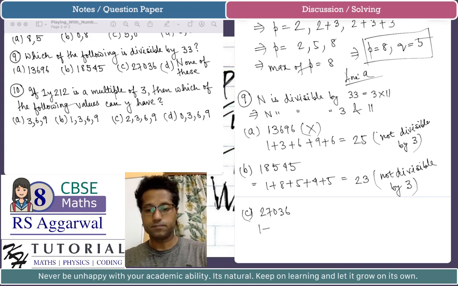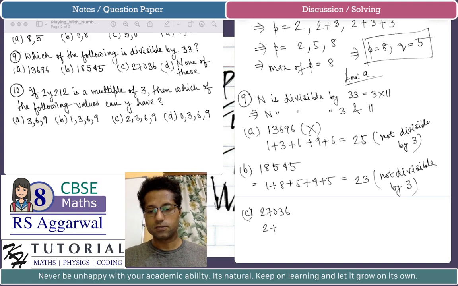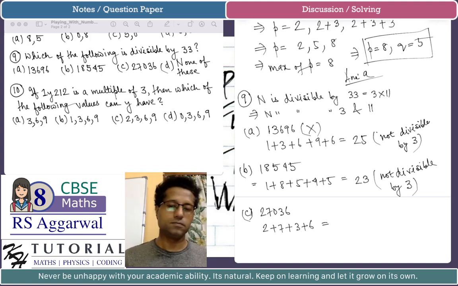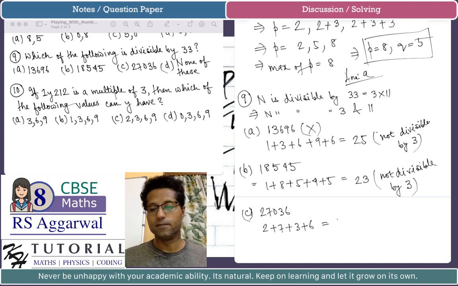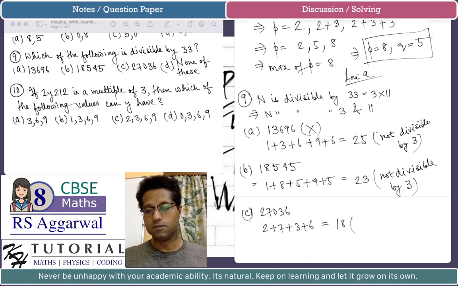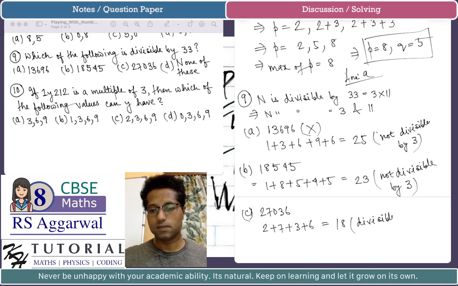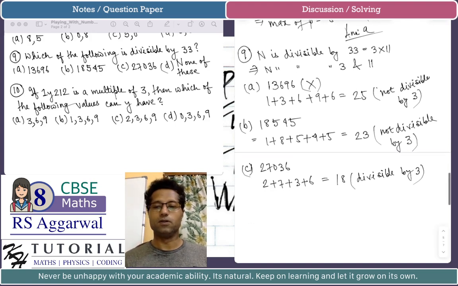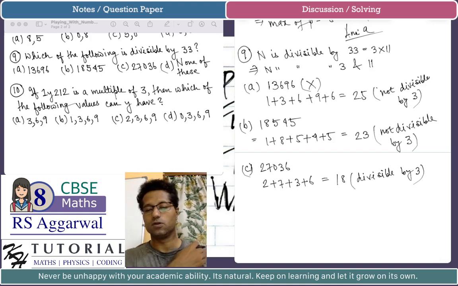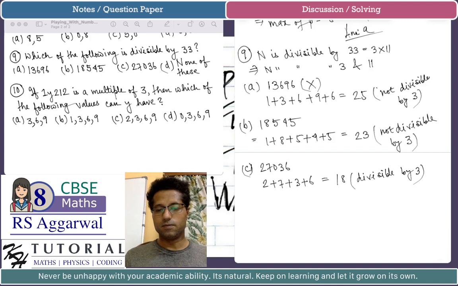We have 2 plus 7 plus 3 plus 6 is equal to 18, and this is divisible by 3. Now we also need to check whether this number is divisible by 11. Only then can we say whether this number is divisible by 33 or not. This number 27036 is divisible by 3.